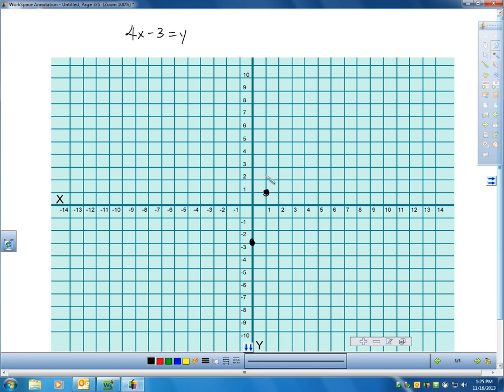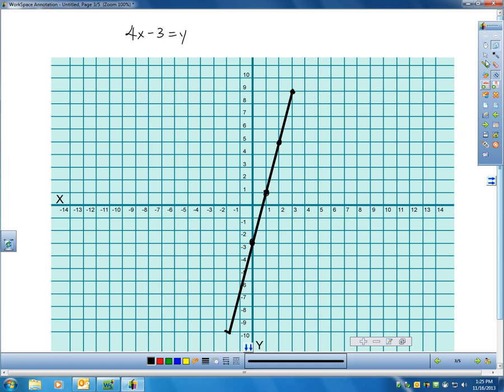I'm rising 4 and running 1, and I'll do that one more time. And as you see, when I do that, I ought to have a straight line of points, which it looks like I do. I'll take my ruler and draw a line through these points.